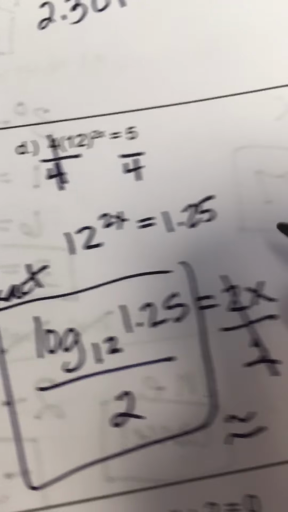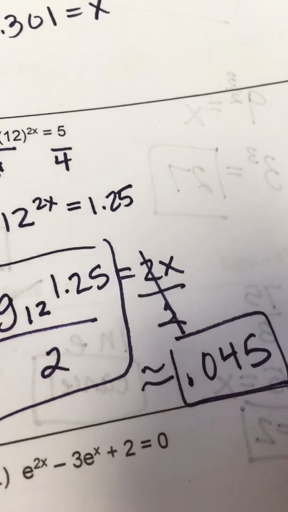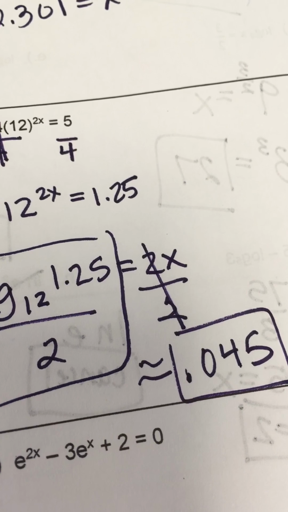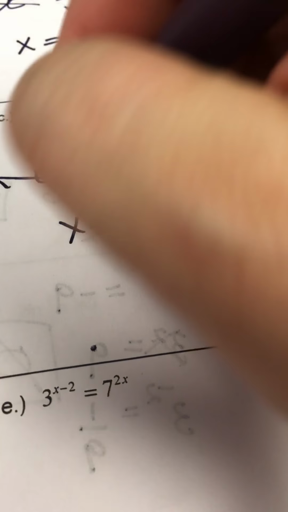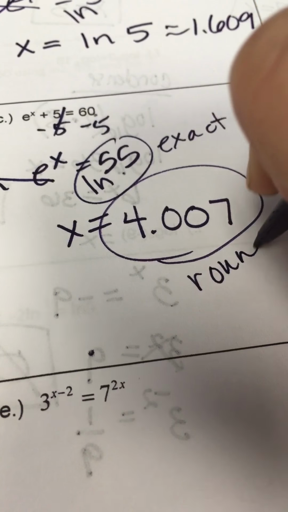So the exact answer would be this, so no calculator involved. The rounded answer would be that. So up above, this is exact. This is the rounded.